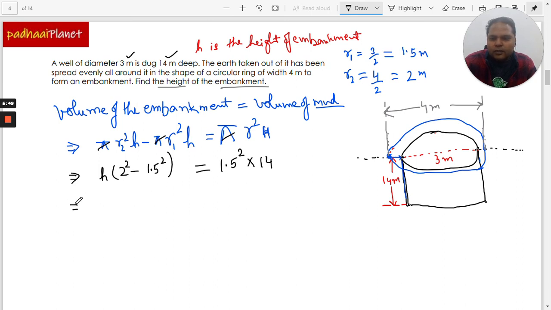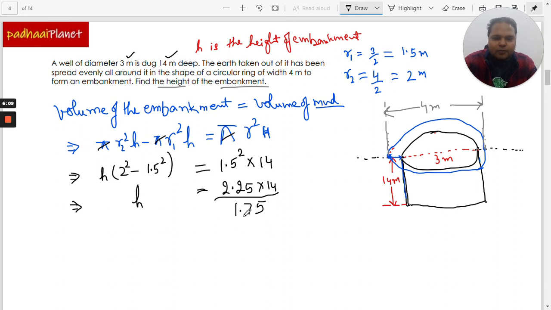Now we can say that h is equal to 2.25 multiplied by 14 and divided by, now this is going to be 4 minus 2.25, that means 1.75 comes here, right?